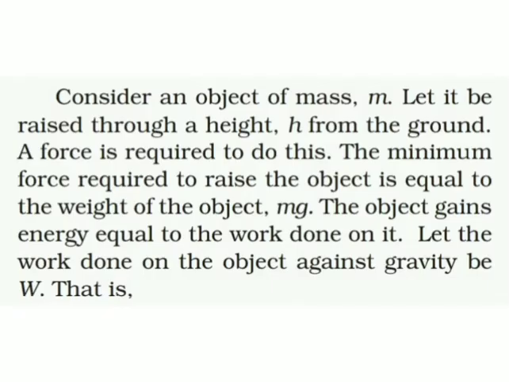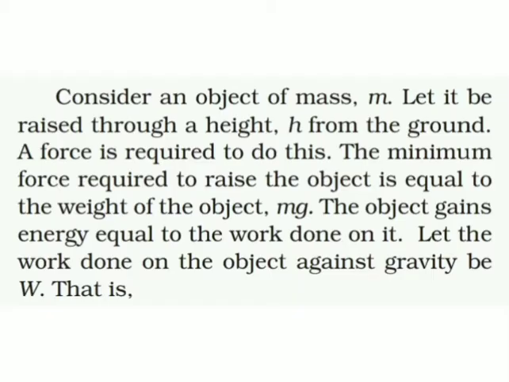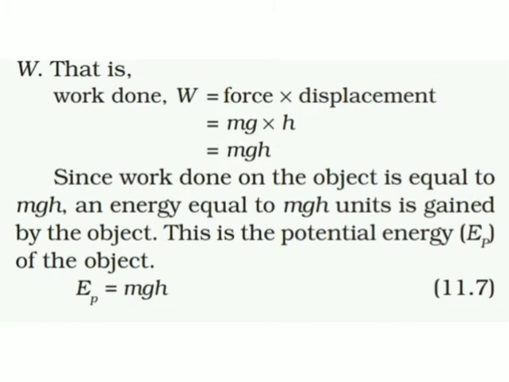The object gains energy equal to the work done on it. Let the work done on the object against gravity be W. That is, work done W equals force into displacement. Here force equals the weight of the object, that is m into g, and displacement is the height small h from the ground.